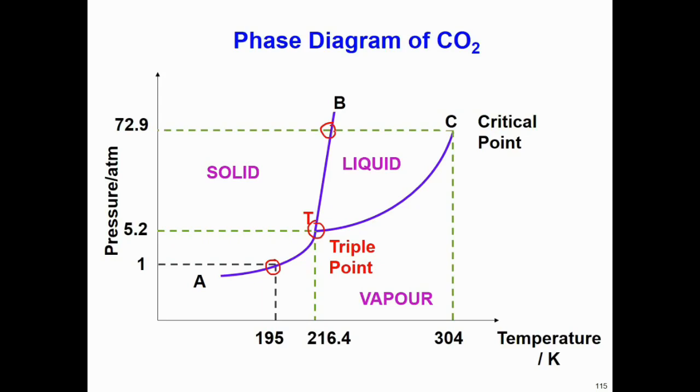And then as we increase the temperature, carbon dioxide will exist as liquid. And finally, at 304 Kelvin, it reaches point C. This is called the critical point, where there is no boundary between liquid and vapor state.